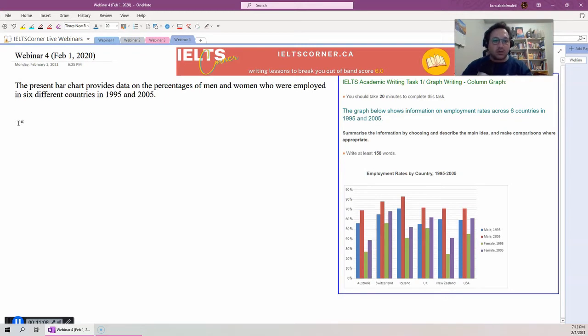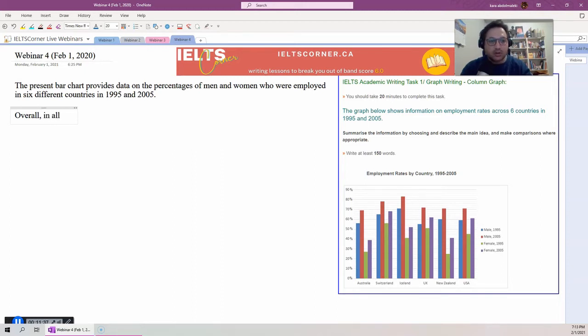We usually start with overall. We talked about the key features, so we are going to mention the key features, and as you know, in the overview, you're not supposed to report any numbers because we're talking about general trends and key features, so that's not a good place to report numbers.